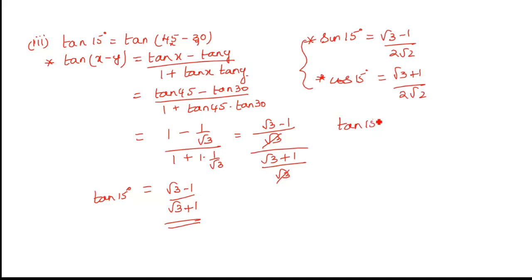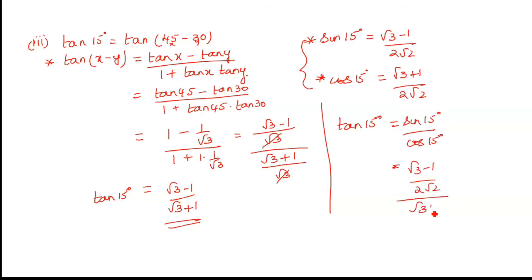Tan 15 is nothing but sin 15 by cos 15. So any one method you can work out. This is equal to root 3 minus 1 by 2 root 2, whole divided by root 3 plus 1 by 2 root 2. 2 root 2 gets cancelled. So therefore tan 15 is the same answer, root 3 minus 1 by root 3 plus 1.